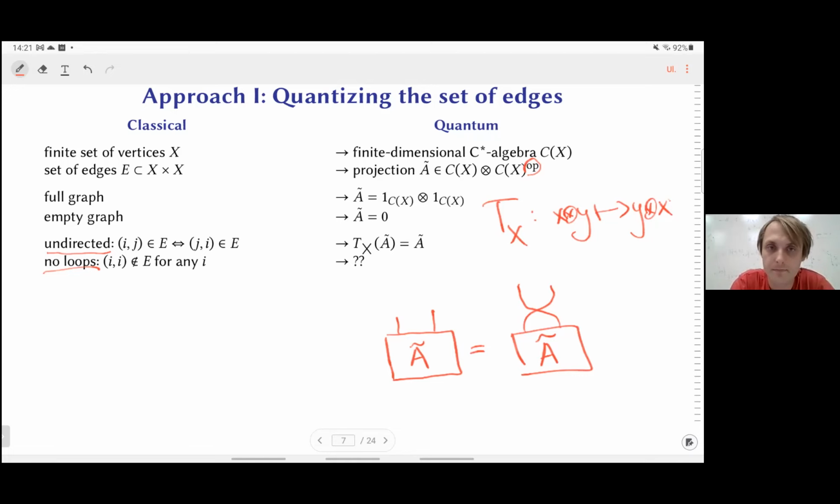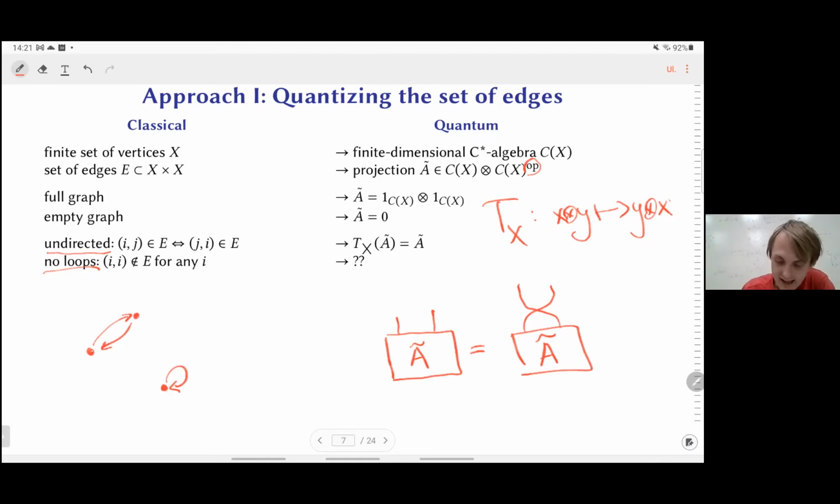Okay. Yes. Okay, and then you have this condition of no loops, classically, which, okay, so undirected means that with each edge like this, you have an edge like this, and often you also want this condition that there are no loops. So a loop is an edge from a vertex to itself.